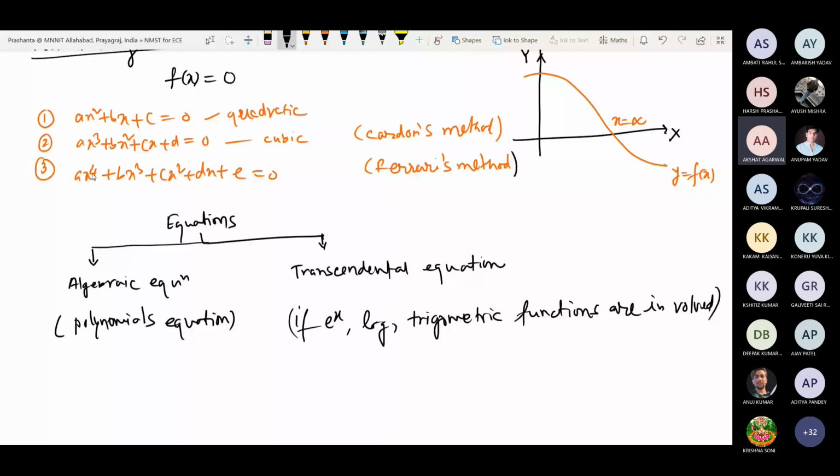So you see the limitation of the direct method. Also, if the equation is transcendental, for example cos x minus x e power x, there is no method to solve it directly.